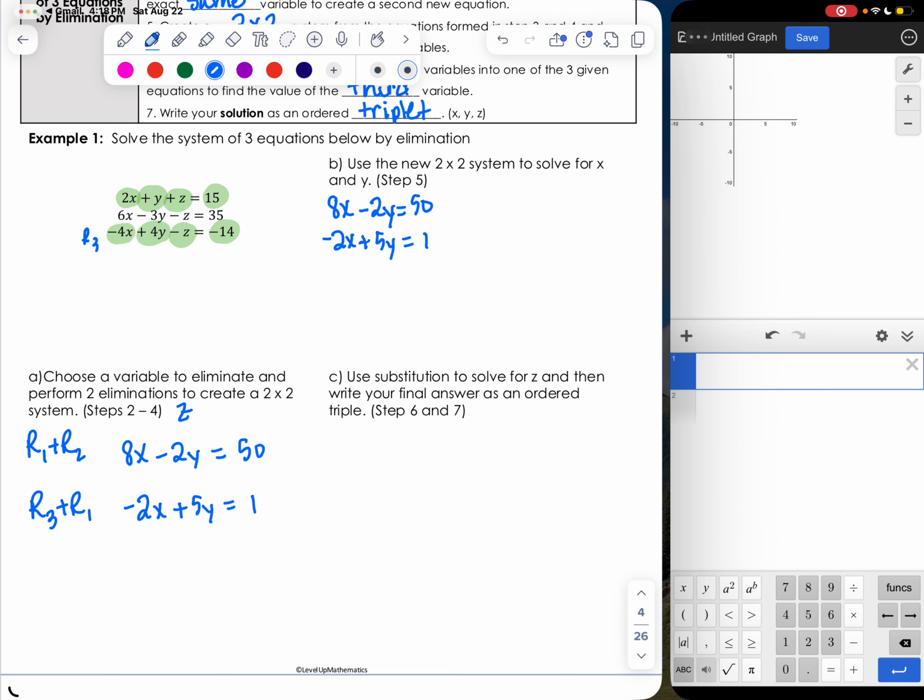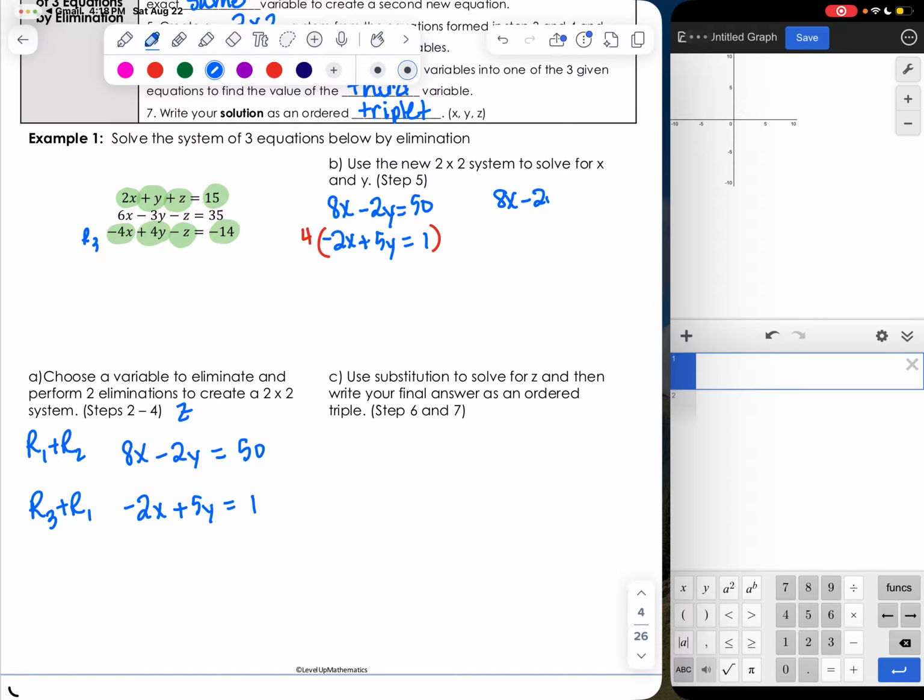So to do that, I want to eliminate one of the variables. Well, I think I'm going to eliminate x because if I were to multiply this bottom equation by 4, that would give me a negative 8x as my first term, and I have 8x as my first term on the top. So let me rewrite this top equation.